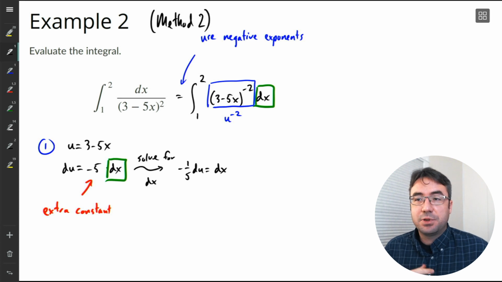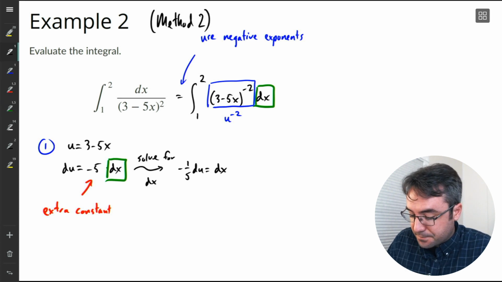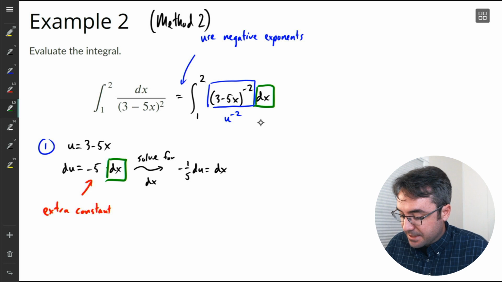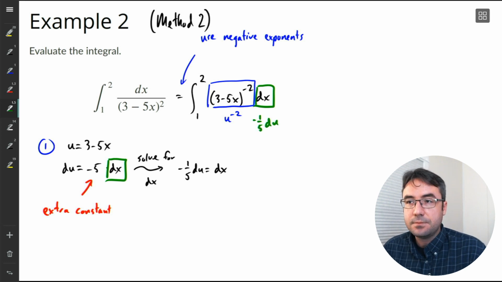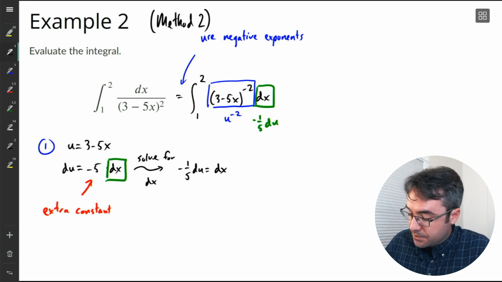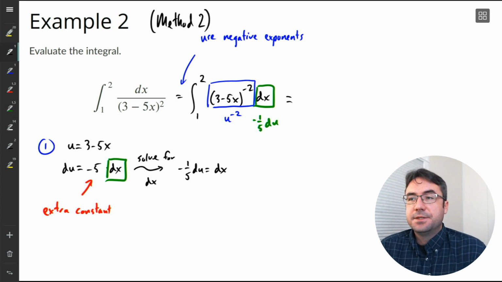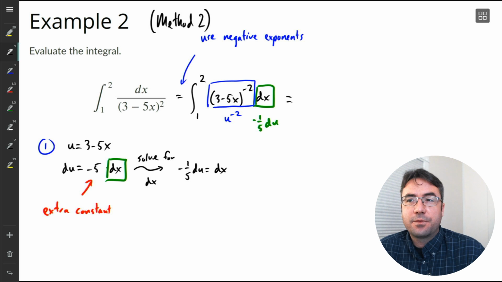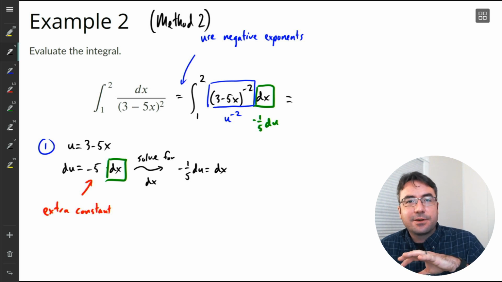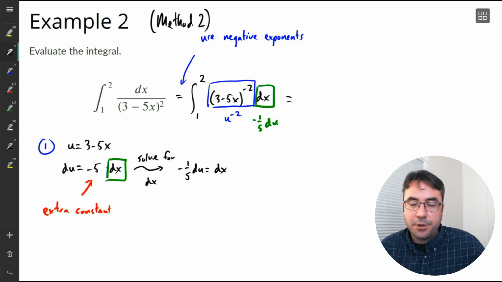All right, so now let's just plug in our pieces. So we know that dx is going to become negative 1 over 5 du. And let's write this out. Let's take that negative 1 over 5. It's a constant multiple, so let's put it in front.